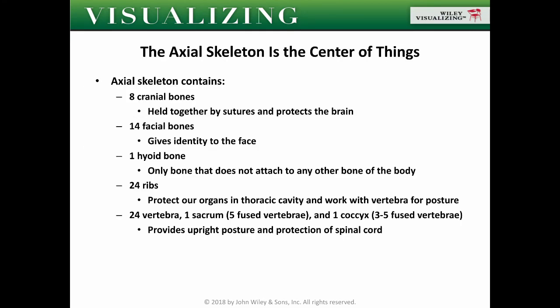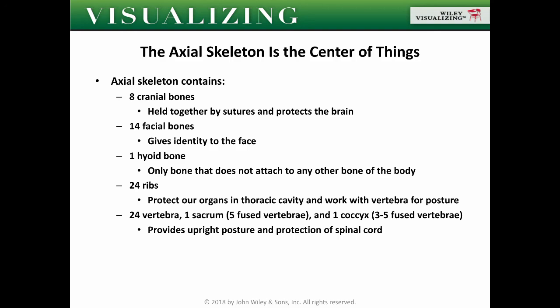So the axial skeleton is at the center of things. We have 8 cranial bones held together by sutures, and this protects the brain. We have 14 facial bones, which help give identity to the face. So sometimes if you tend to watch America's Next Top Model or any other top model show, they always talk about having good bones, etc. So it talks about the facial bones because, of course, the bones are where our muscle tissues are attached, and the facial bones significantly affect our facial structure.